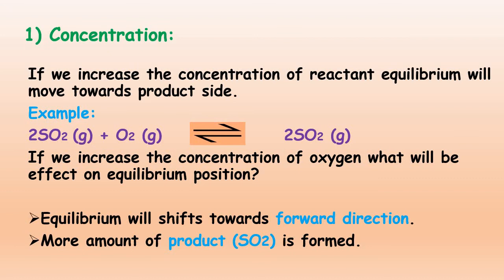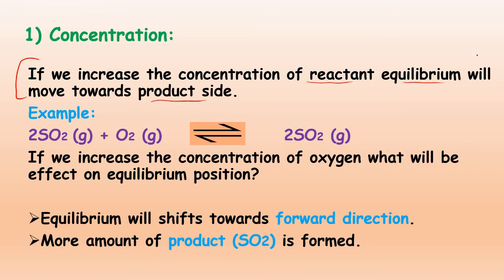Now number one is concentration. Look at the main idea. If we increase the concentration of, for example, the reactant side, equilibrium will move towards the product side.